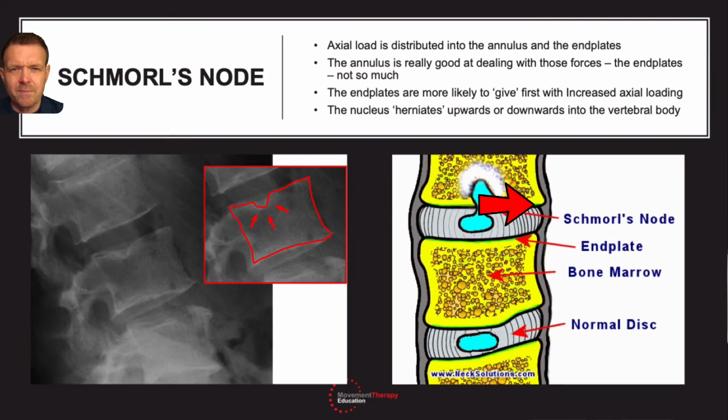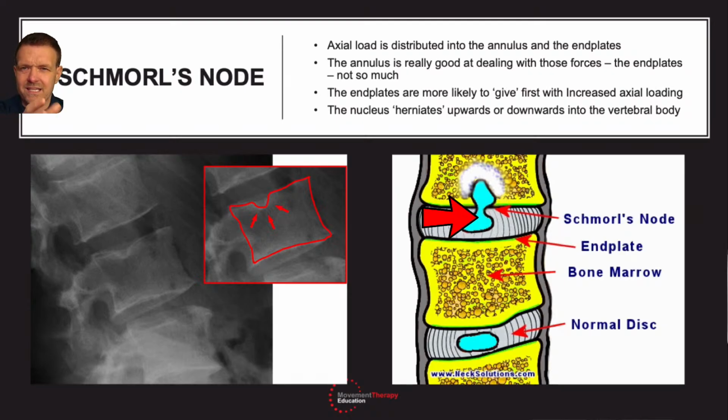So obviously the end plate is here, and what you will find is if the nucleus does herniate posteriorly and makes contact anywhere within the vertebral canal, where the spinal cord goes, you will find within that nuclear material usually bits of bone, so bits of an end plate, but also cartilaginous structures, bits of annulus.